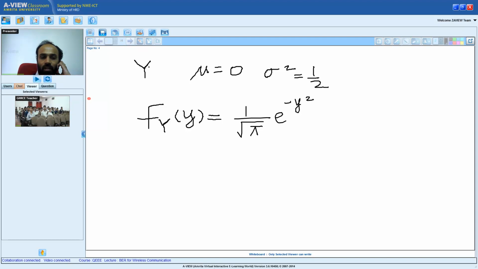Let me try to see some other college, Punjab Engineering College. Are you able to hear me? If x and y are independent random variables, what is the joint distribution of x and y?